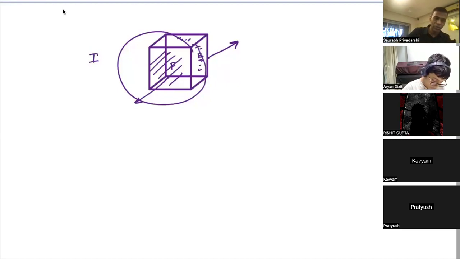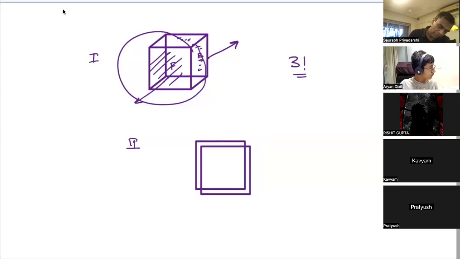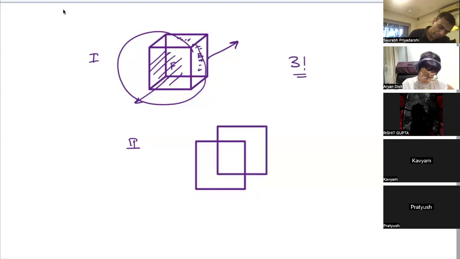So the number of ways in this case will be: the first is factorial 3 when rotation is taking place, and the second case is when I have taken consecutive sides.